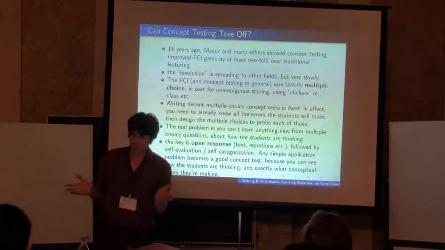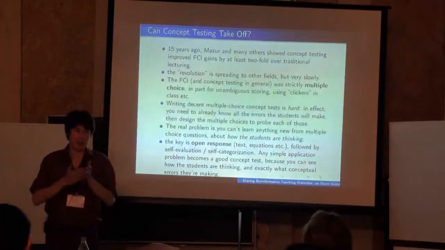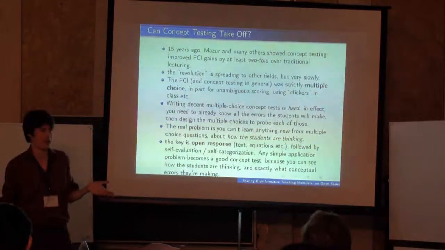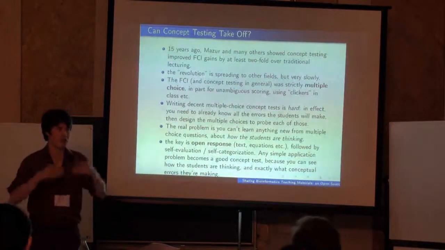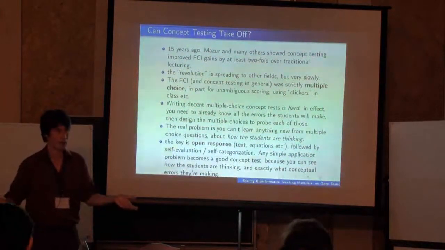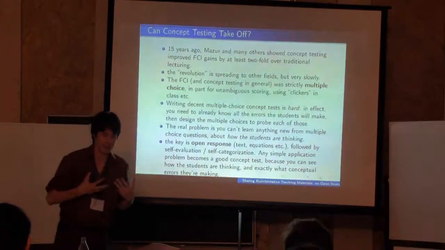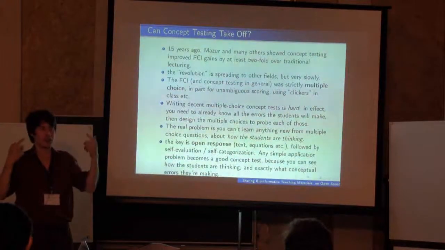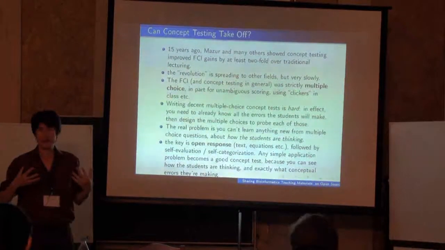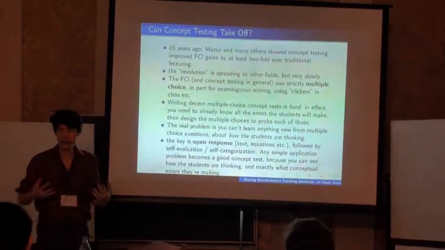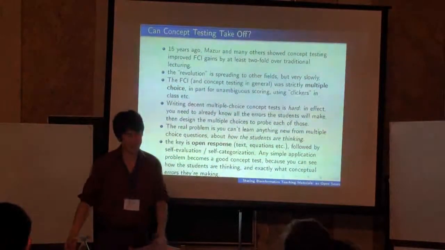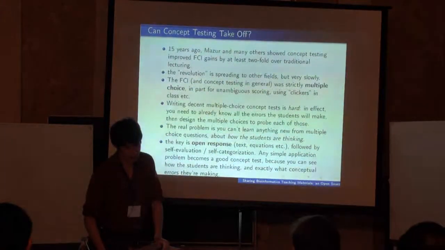So in short, what I do is I simply use open response for most of the concept testing that I do. They can type equations or text on their laptop or smartphone, and that's what I'm capturing. The key is that you can see how they're thinking. So you can collect data on new error models directly through this process, whereas if you were doing multiple choice, you wouldn't really learn much of anything new about error models.